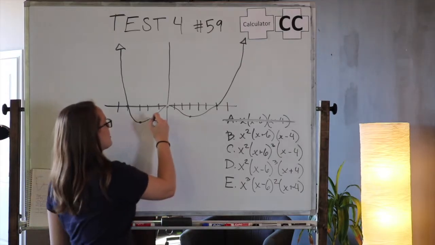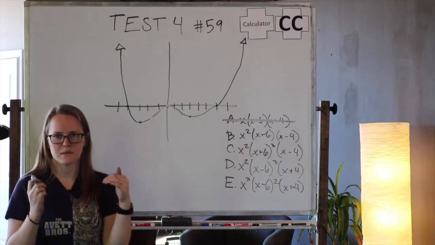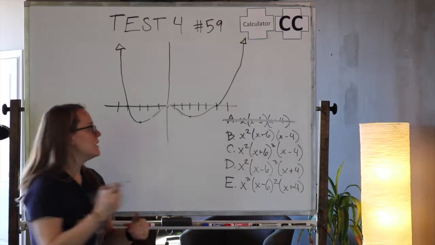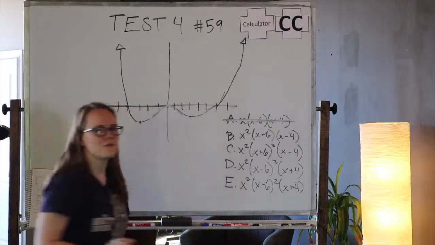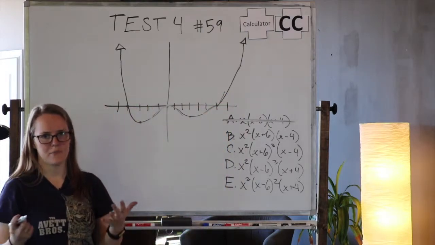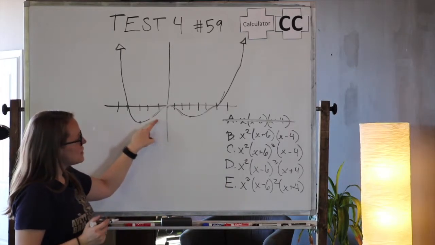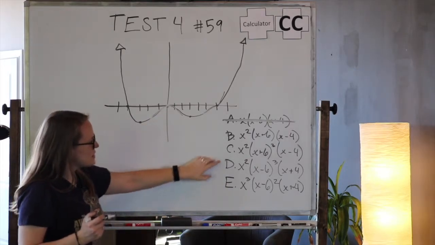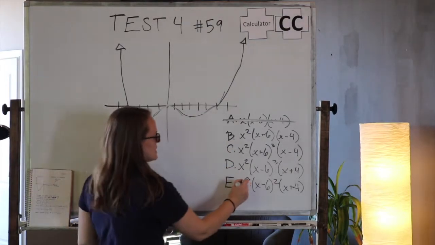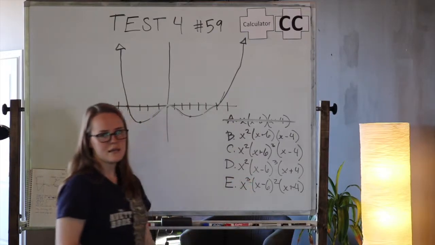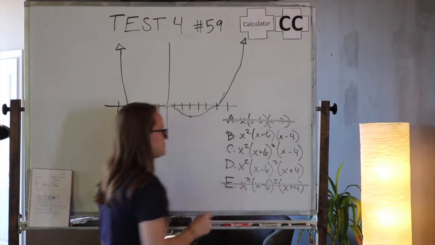So when something turns around and goes negative again, that means it's an even exponent, whereas something like this, where it gets closer and then keeps going the same direction, is going to be an odd exponent. So at 0, this is probably going to be an even exponent, and we have 3 options that look like that. This is x equals 0. So since this has a 3 and we are looking for an even exponent there, you can eliminate option E.